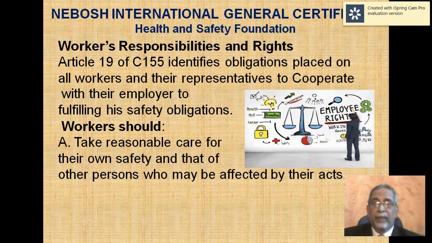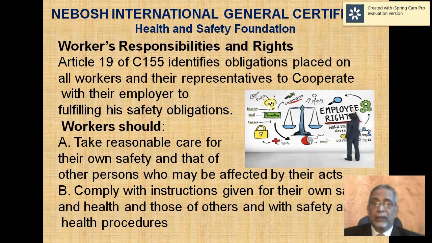Workers should take reasonable care for their own safety and that of other persons who may be affected by their acts. Comply with instructions given for their own safety and health and those of others, and with safety and health procedures.